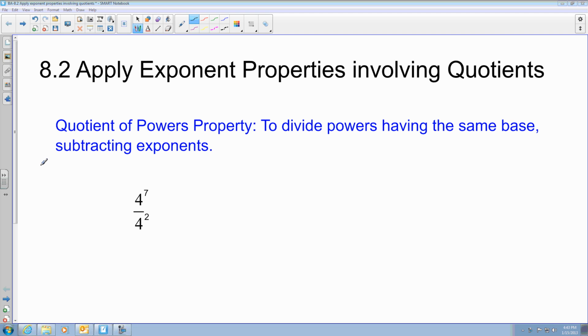Here we are in 8.2, and we are applying exponent properties involving quotients. Earlier we had the product of powers property and then the power of powers property.